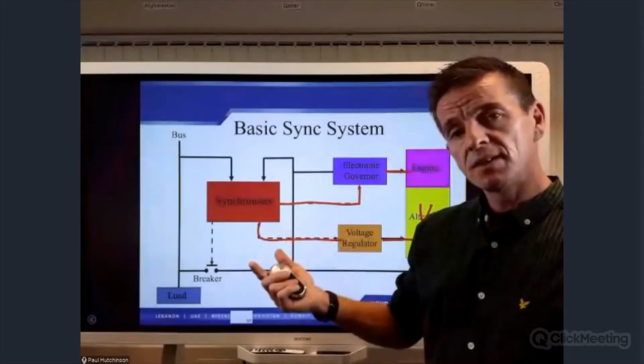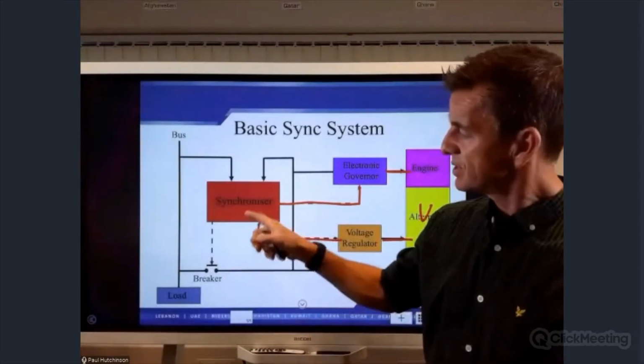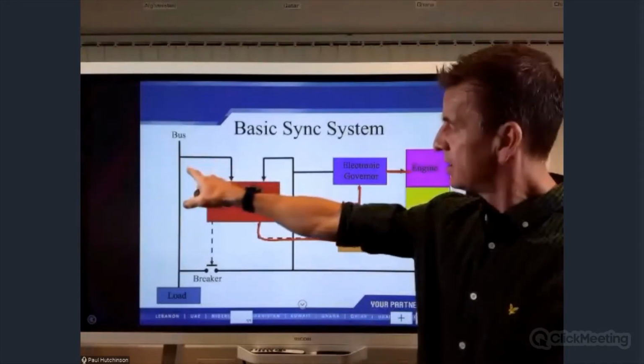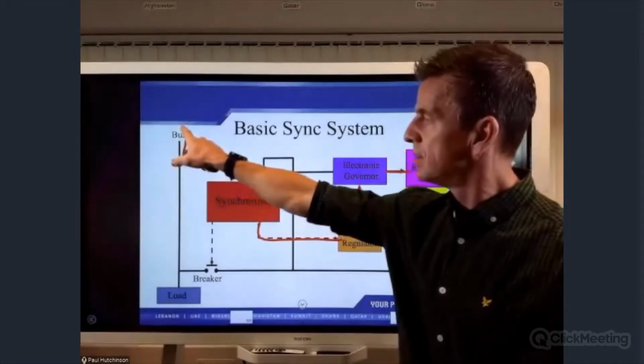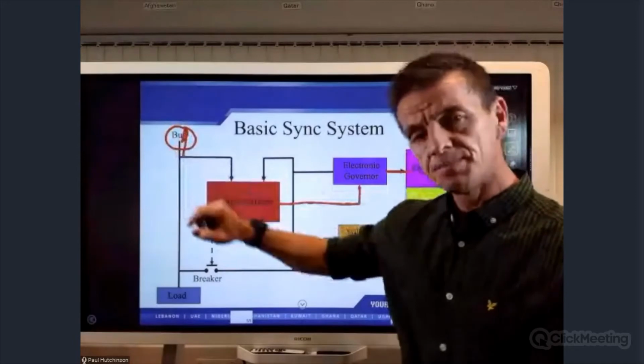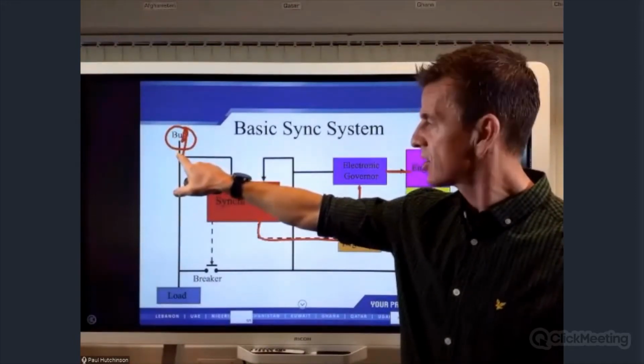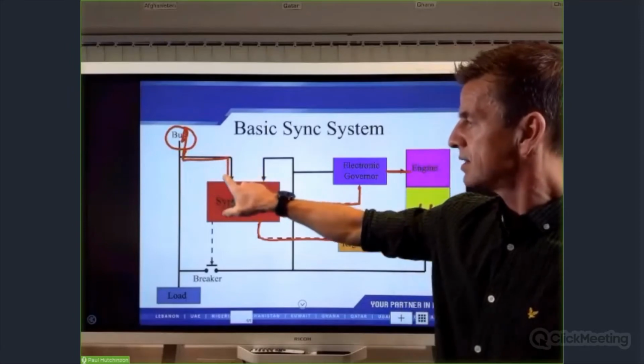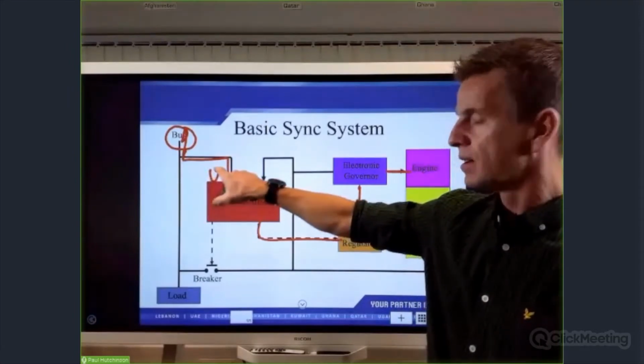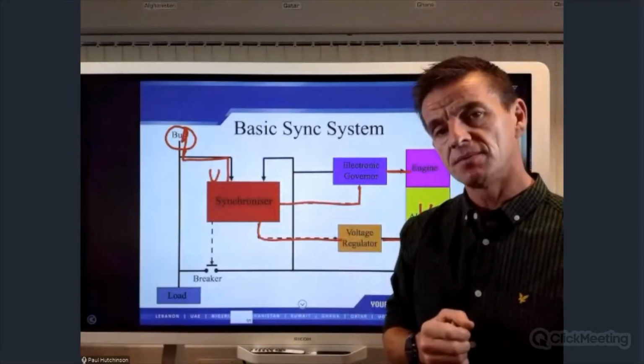The other thing the synchronizer needs to have is our bus voltage. Whatever source we're trying to synchronize to, it needs to have a voltage reference.